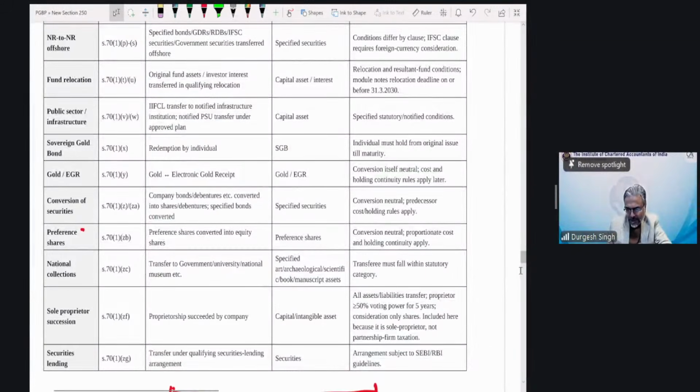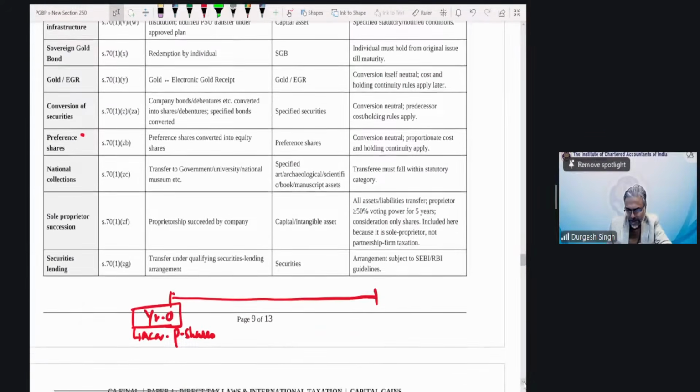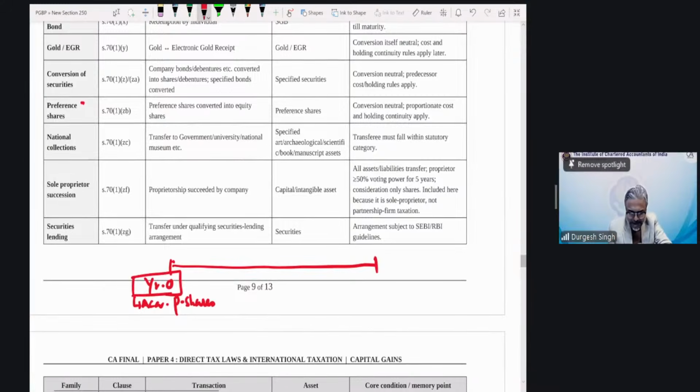So preference shares have been acquired? Yes. In this context, preference shares have been acquired, say, for example, at rupees 100. This is year zero.